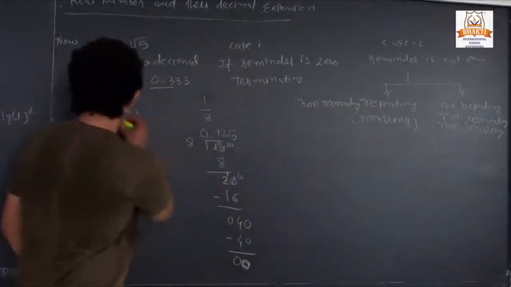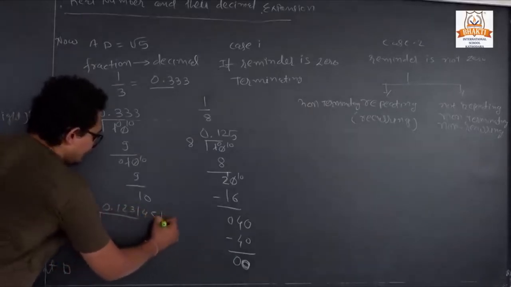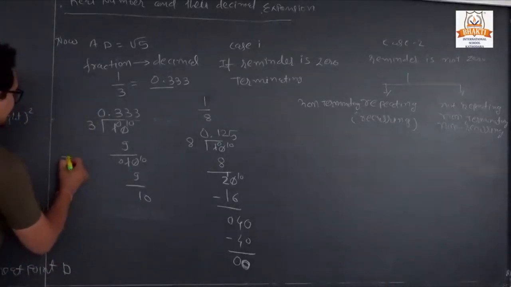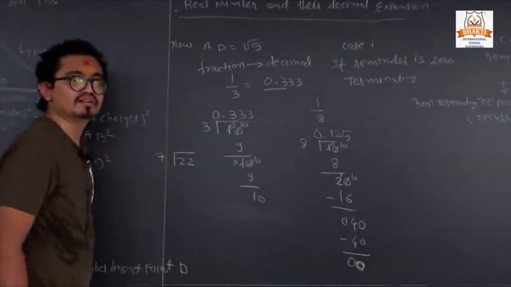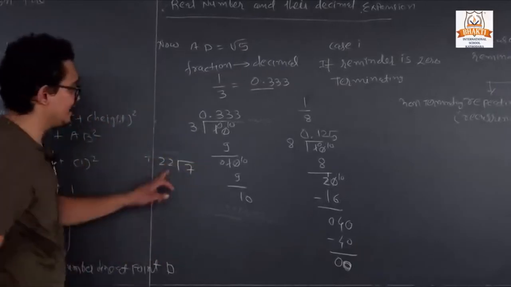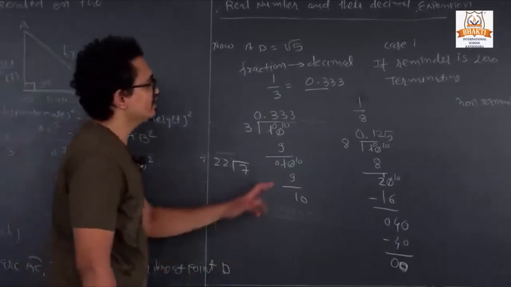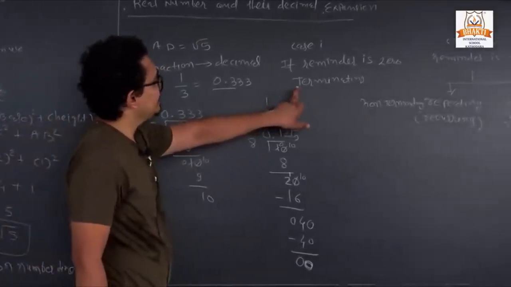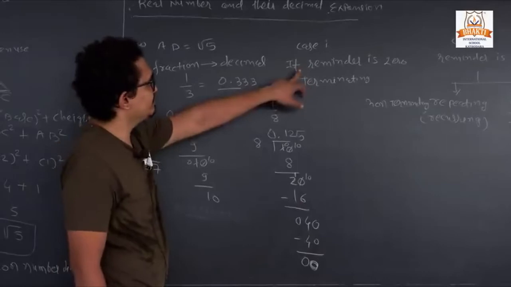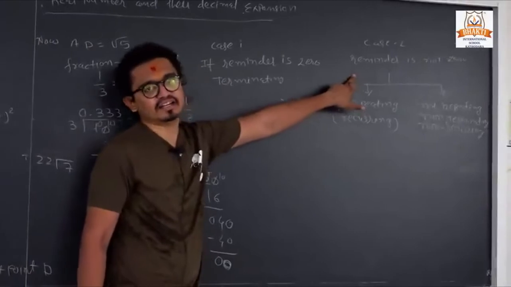And in some cases the digits are repeating but they will be different digits. Like if we divide, here we are taking one example like 22 divided by 7. So if we take that example, the digits are not repeating the same. Clear? So in that exercise we are going to learn the two different cases. In case number 1, the remainder is 0, and in the second case we cannot get a remainder of 0.